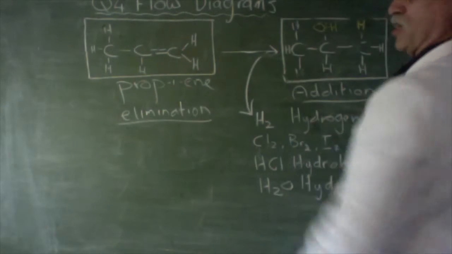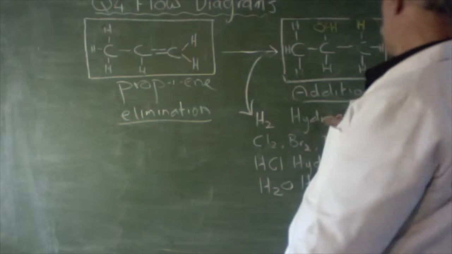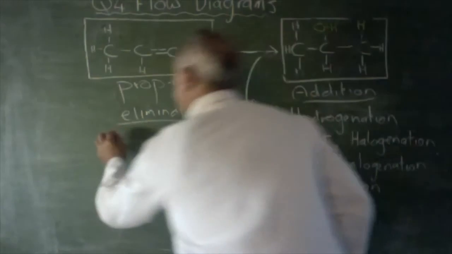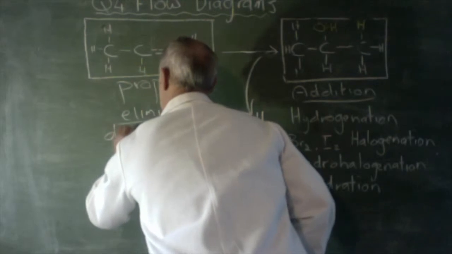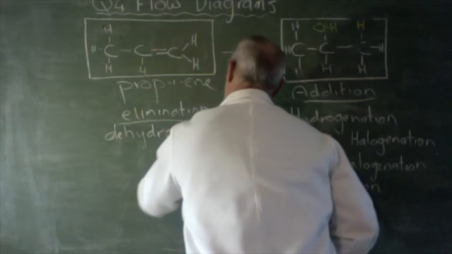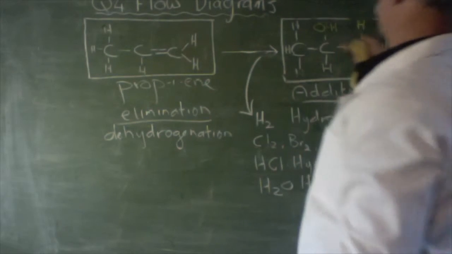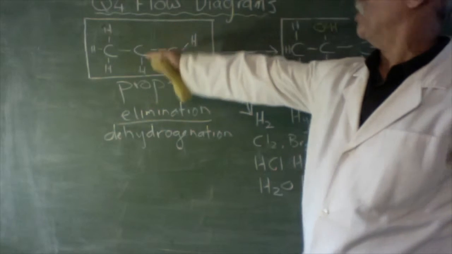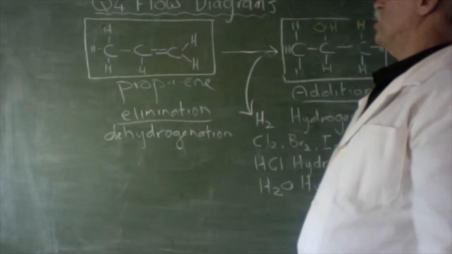So it's no longer addition, it's elimination. And just as we had hydrogenation, we could have dehydrogenation. That's where this would lose its hydrogens and go back to forming a double-bonded alkene, propene.